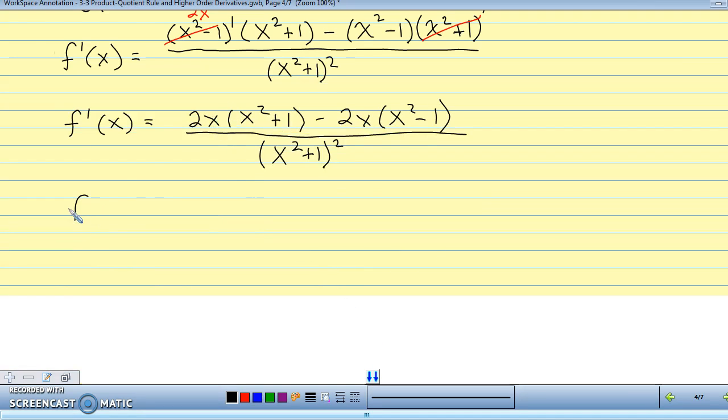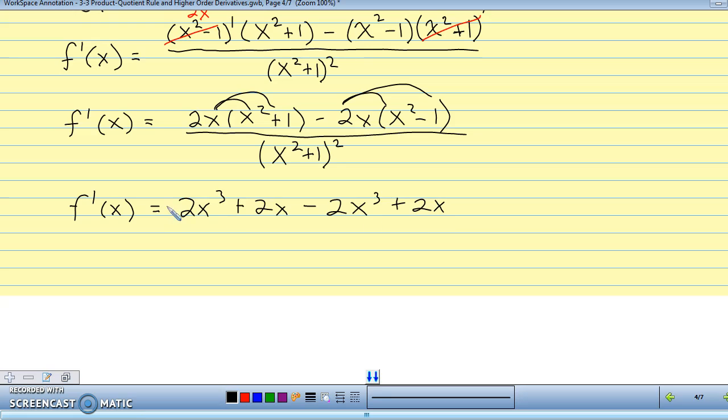Go ahead and distribute. 2x cubed plus 2x. Now this minus 2x applies to both of these, so minus 2x cubed plus 2x, over x squared plus 1 squared.